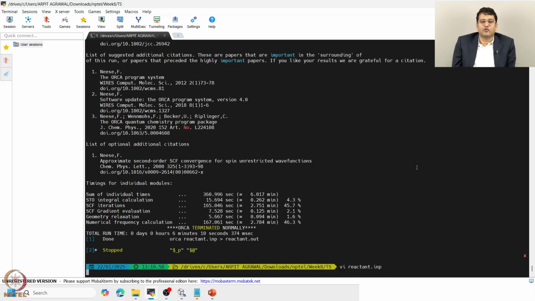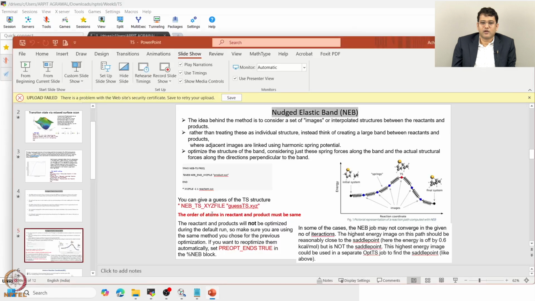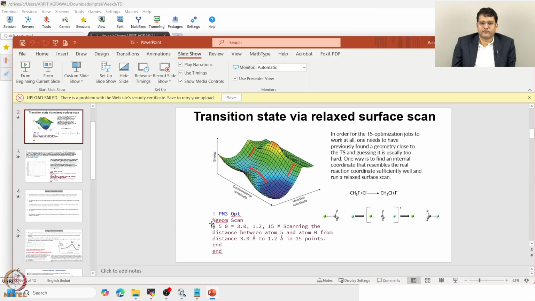So if my initial structure is not good, then I will first use XTB to optimize. And I will use the recalculate Hessian keyword also, because to calculate an XTB Hessian is super fast.